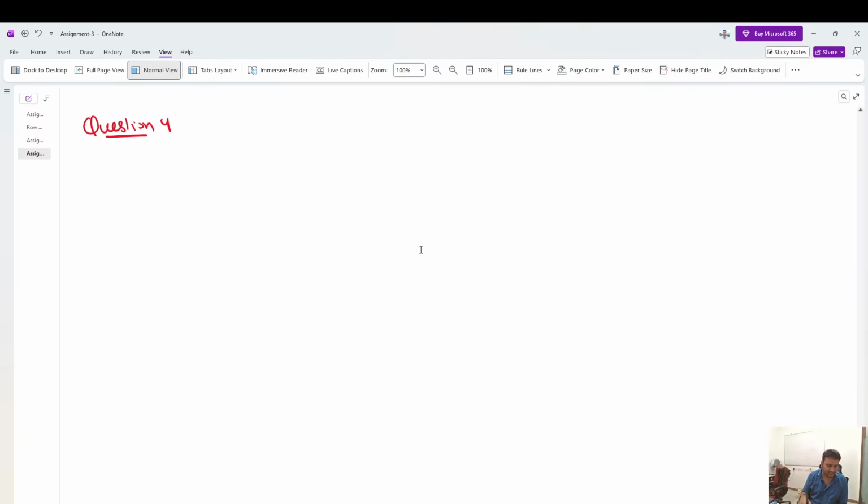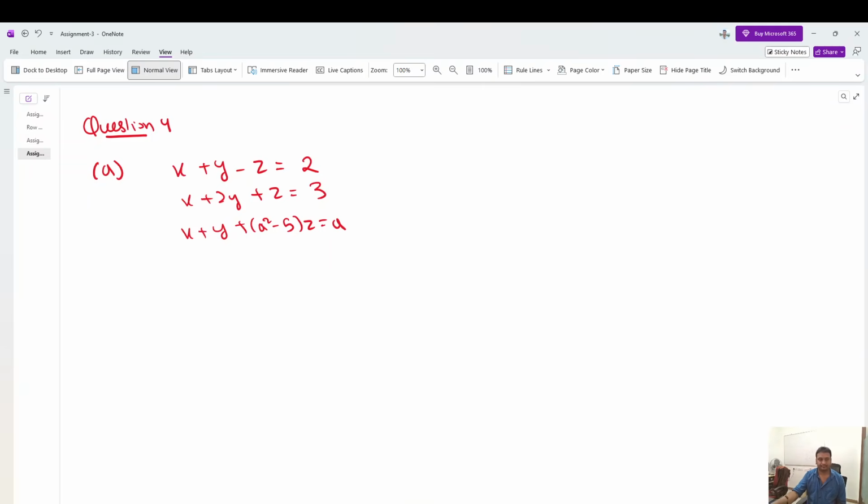And now let us do the problems. So A, I think the same problem we have already done, or let's do it again if we have done. So x plus y minus z equal to 2, x plus 2y plus z equal to 3, x plus y plus a square minus 5, z equal to a. Let us see.